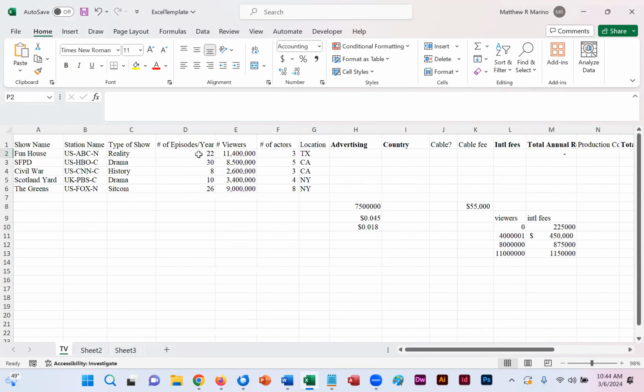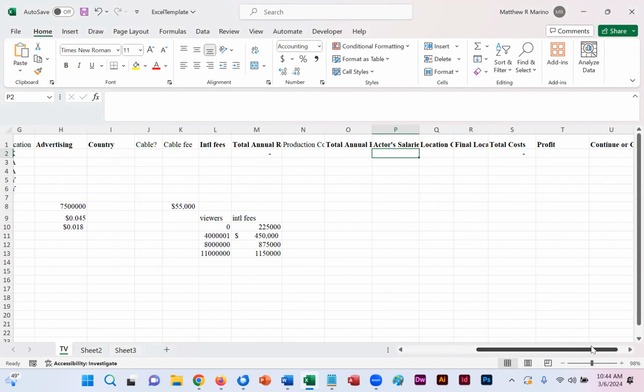So here in column D, it gives you number of episodes per year. Oh. So you're going to multiply the number of actors times the number of episodes per year times your $4,400 assumption. So I'll put that here. Actor salary, $4,400.